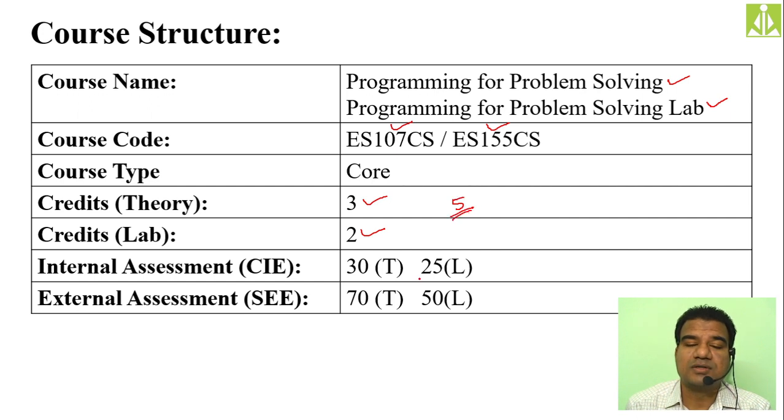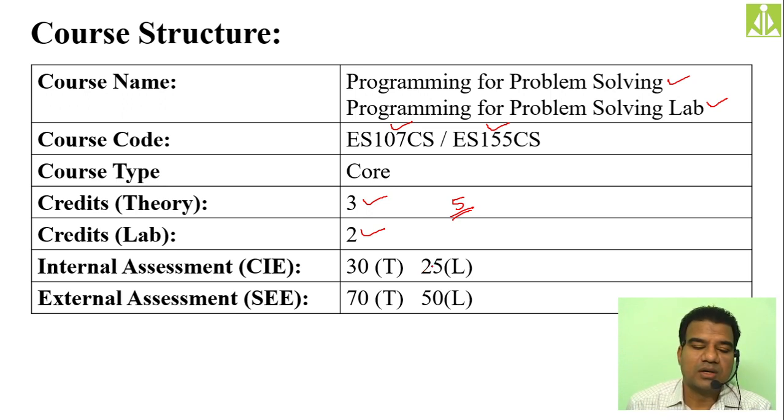This is a major contribution to your promotion rules, so you definitely need to clear your lab as well as your theory in a single attempt so as to go on to your second year or third year.